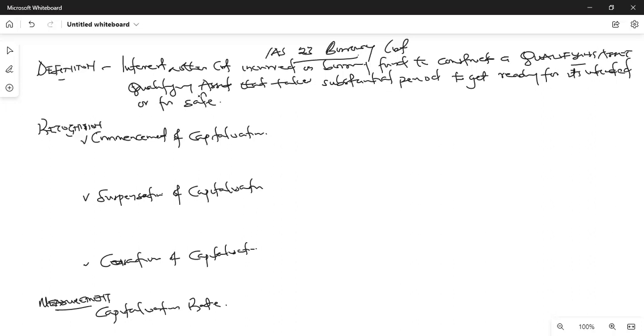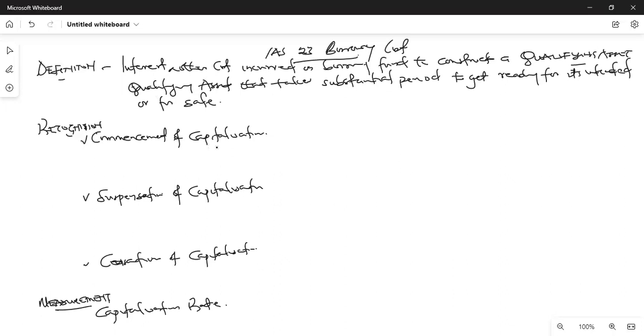So any asset that you have to borrow for, and it will necessarily take a substantial time to get it ready for its intended purpose, is what we call a qualifying asset. The definition of a substantial time is not actually defined in the standard, but we mean at least it should take you some time to get it done.